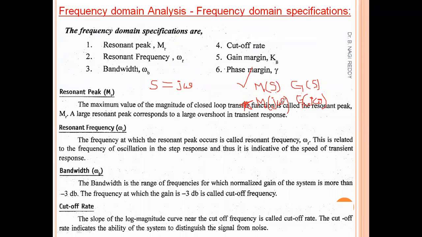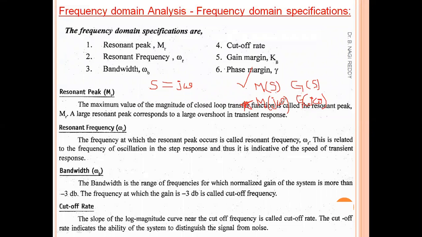So by knowing the open loop stability analysis, we can easily speak about closed loop stability, and vice versa. Means if we know the closed loop stability also, we can easily determine the open loop stability. So that is one of the advantages of this frequency domain analysis.